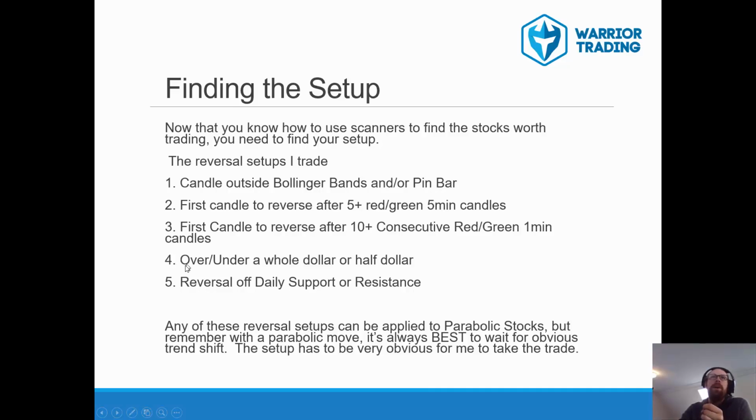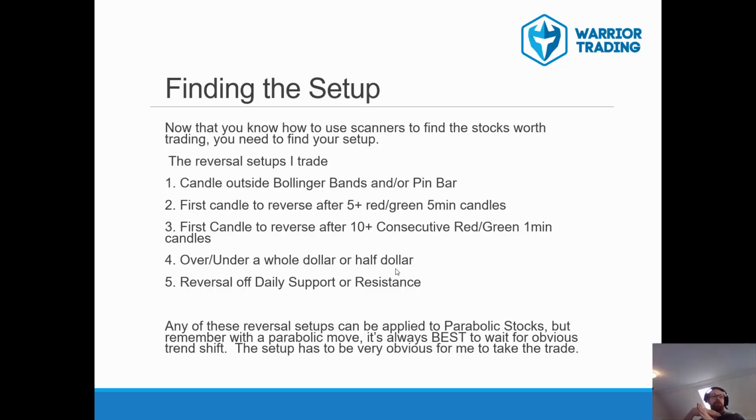Number 4, over or under the whole dollar or a half dollar. So just the way we get in whole dollars or half dollars on momentum stocks, we look at those levels as potential places to take a reversal. Because we know if a stock has been super weak and then it starts to pop up and it breaks over a critical psychological level like a whole dollar, that shows strength.